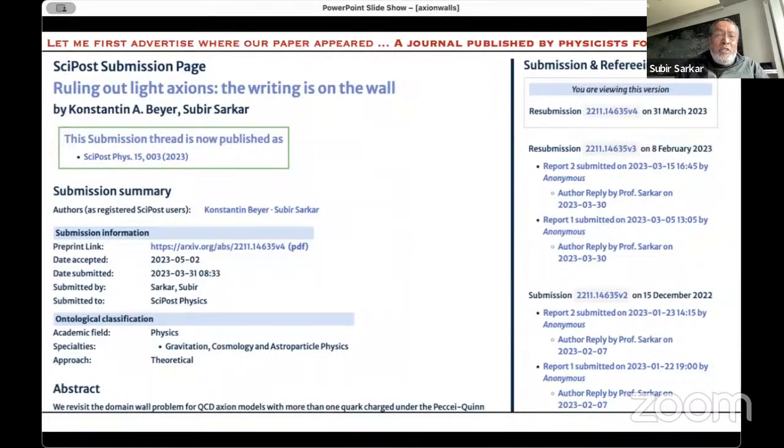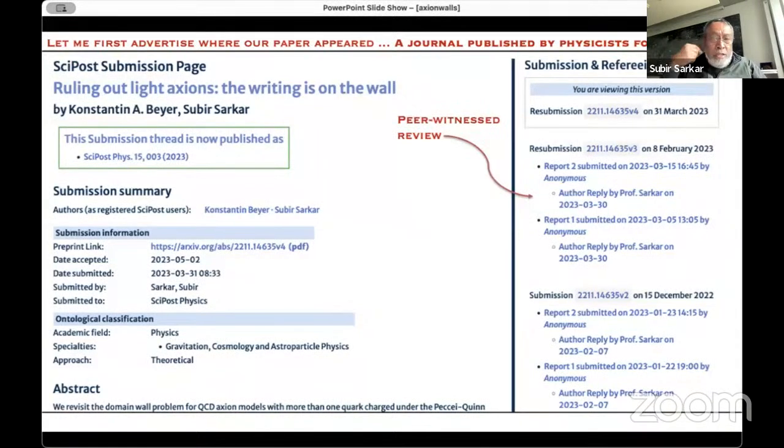And the whole business is just between you and the referee and the editor, and nobody else gets to hear about it. So we call this peer witnessed review. And this is something that is unique in scientific publishing, as far as we know.